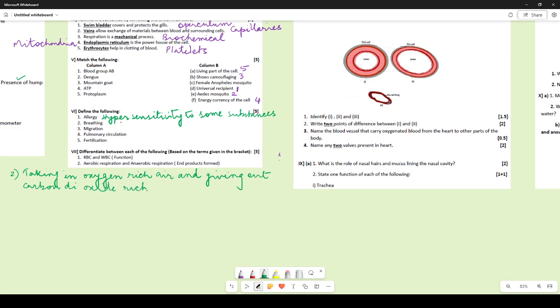So we are taking in and giving out air. So inhalation, or if someone has written, the process of inhalation and exhalation together comprise breathing, that is also correct.